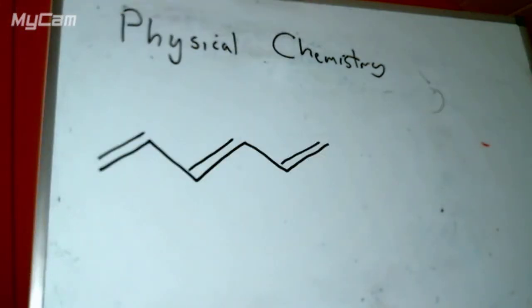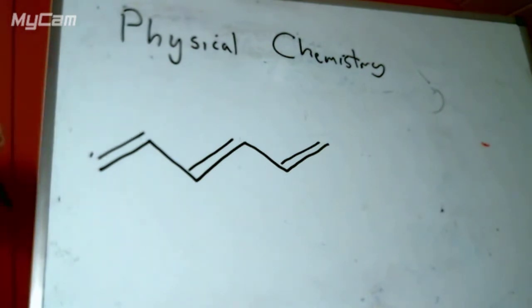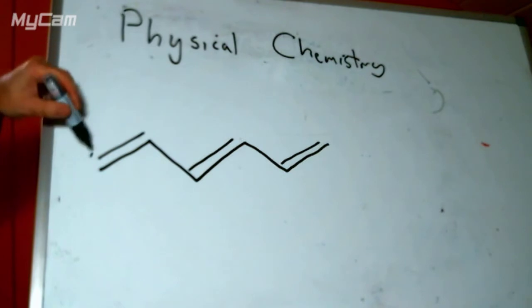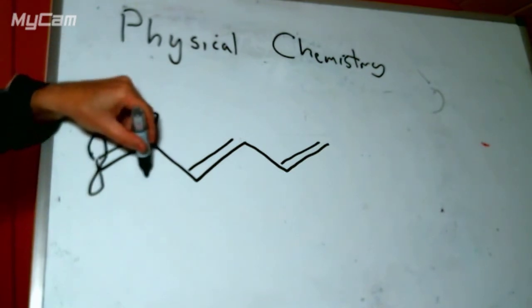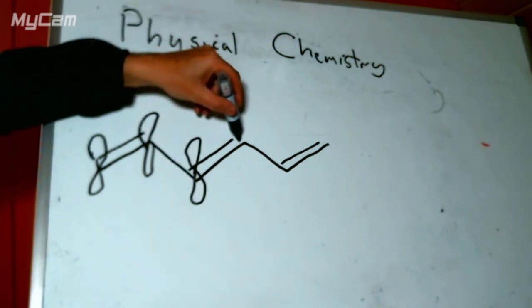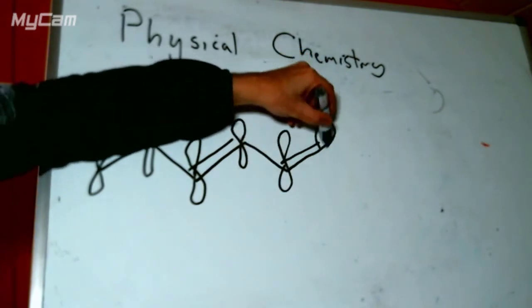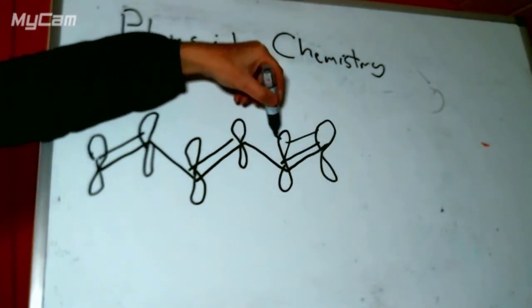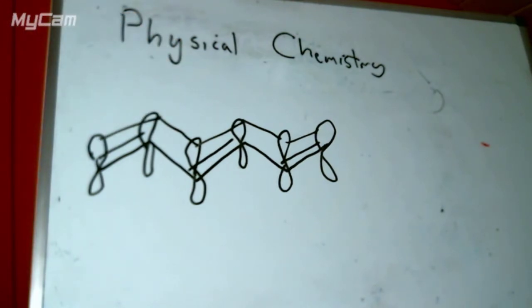Now we come to another special thing. If we look at this particular molecule, which has double bonds every other bond, in reality it doesn't really have double bonds every other bond. It has one bonding system where the orbitals that are pointing up and down are interacting with each other all the way along the molecule, and it behaves like a wire.